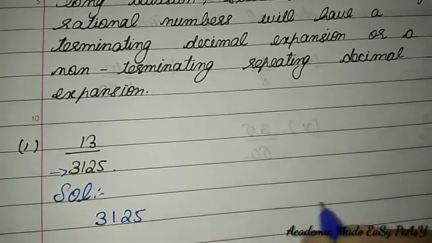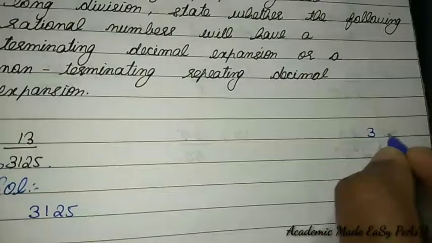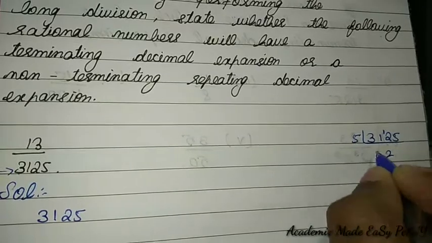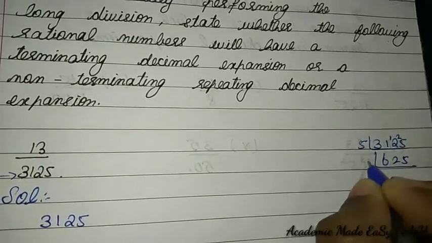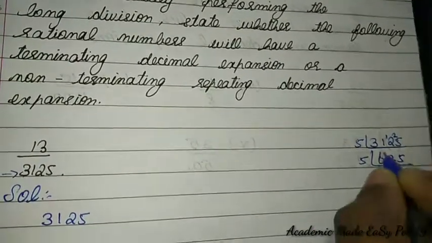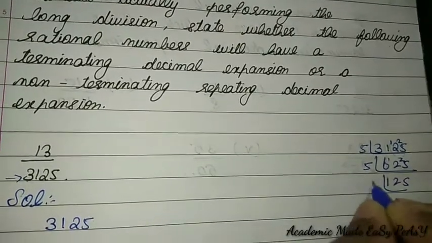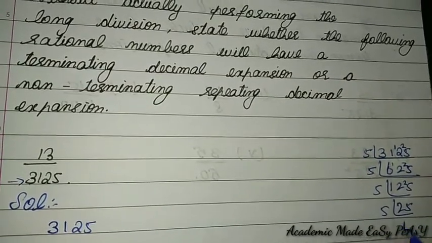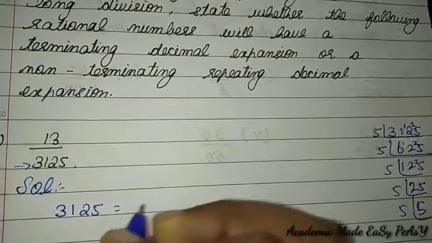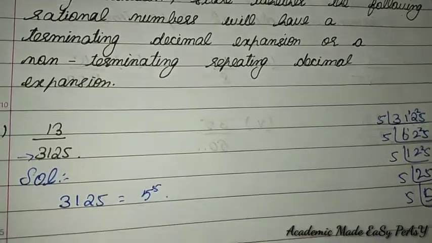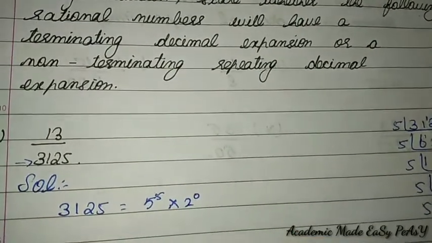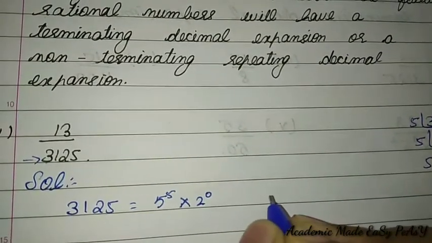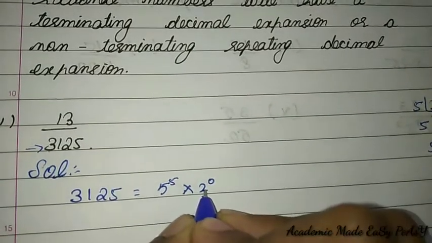The prime factors are 5 power 5 into 2 power 0. If we don't have 2, we have to write it as 2 power 0. It means 2 power 0 is equal to 1. So only I have written like this.